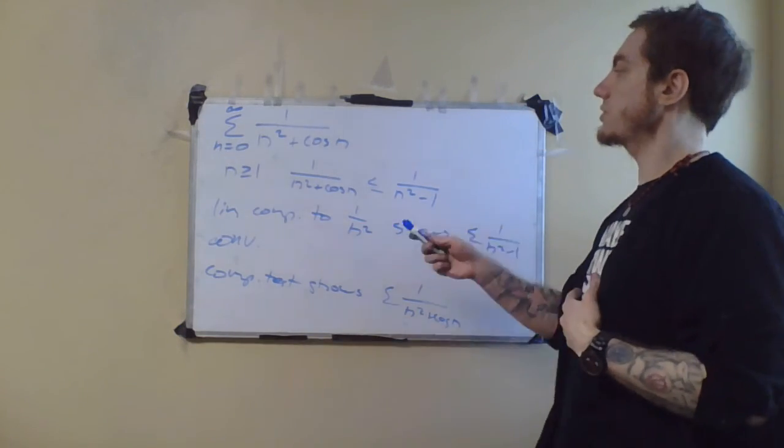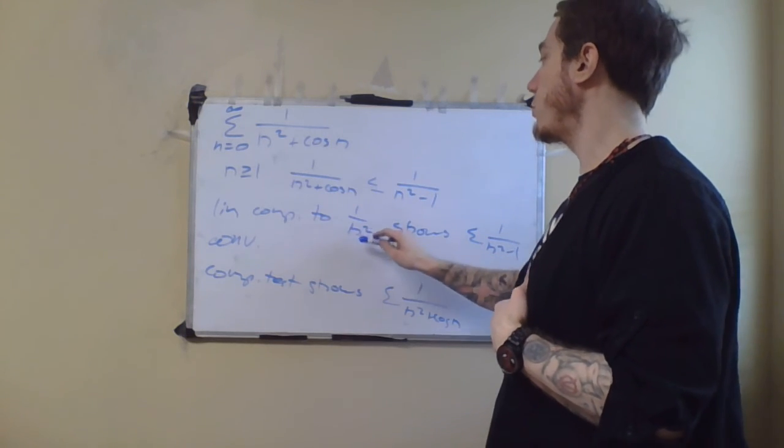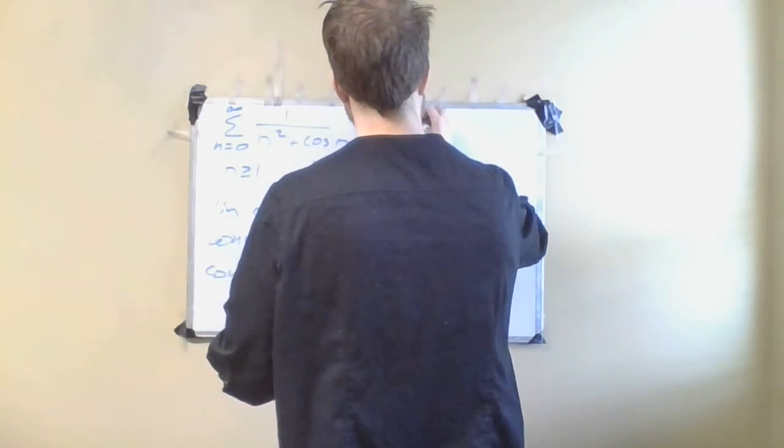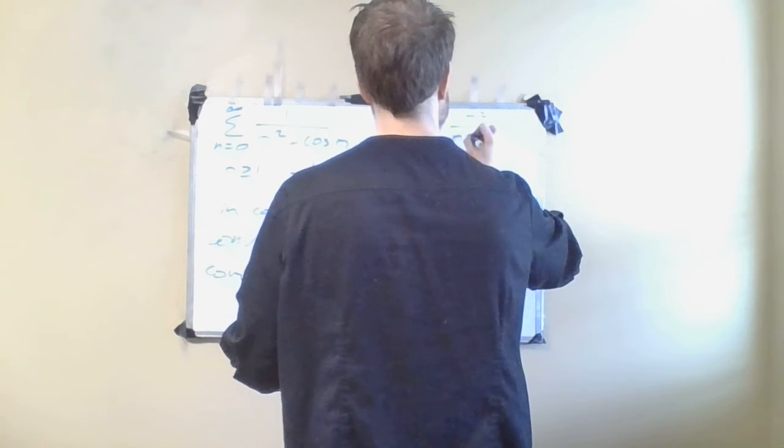Now, you could also, I think, have just done a limit comparison test of this directly with 1 over n squared. Because you would have ended up with the limit as n approaches infinity of n squared divided by n squared plus cosine n. Yeah, this would be fine.